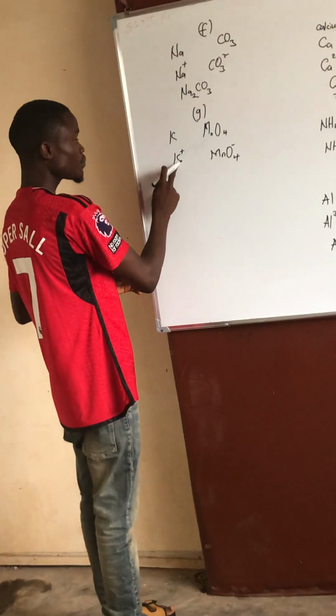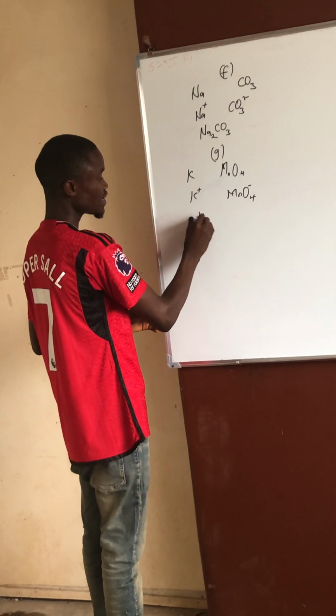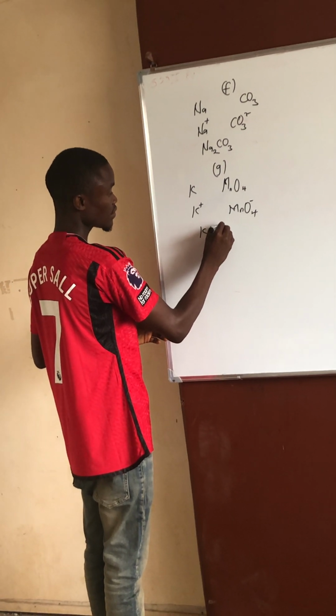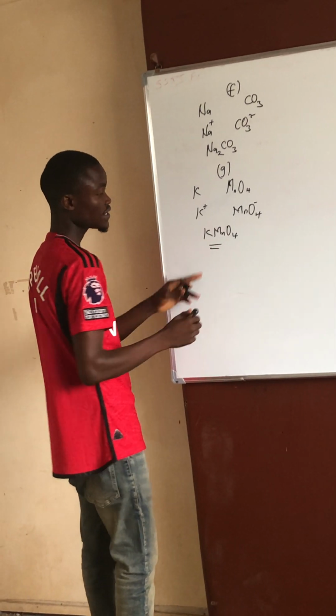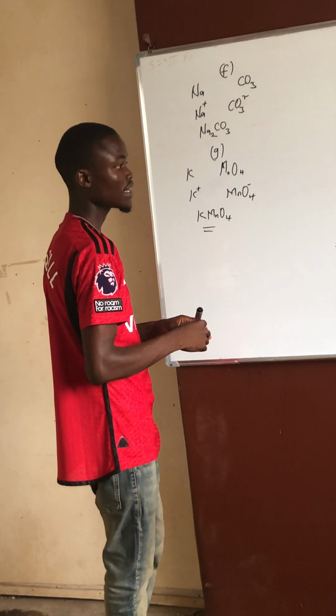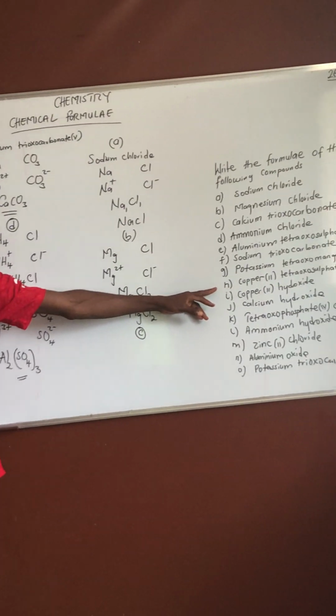So potassium gives 1, while this gives 1. So when you interchange them, it will give you KMnO4. So this is potassium tetraoxomanganate.